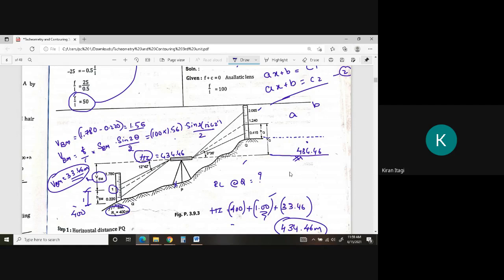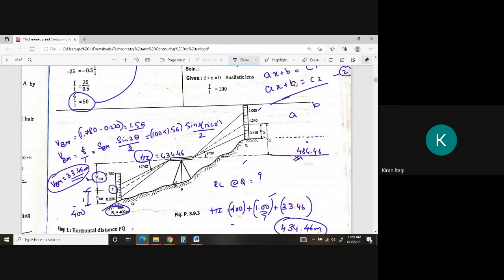So what will you do? You will subtract this VQ and the central hair reading. Here we have added the central hair reading and vertical reading for the RL. Now what we are doing here is subtracting. If you observe the figure carefully, you will come to know.